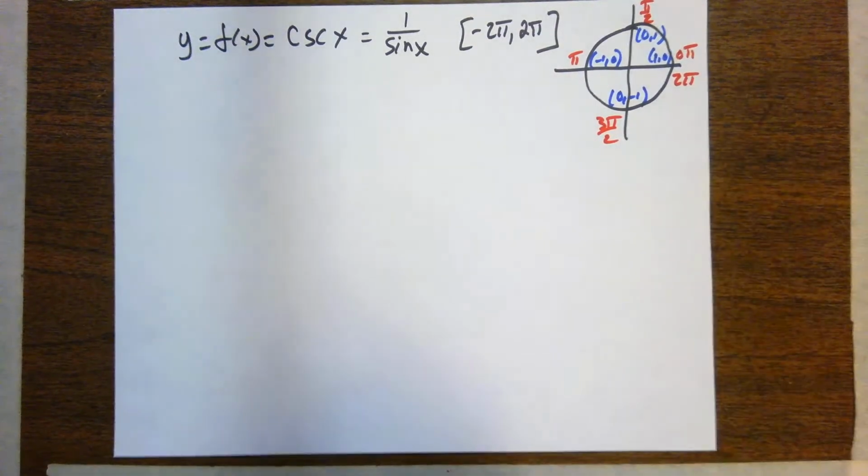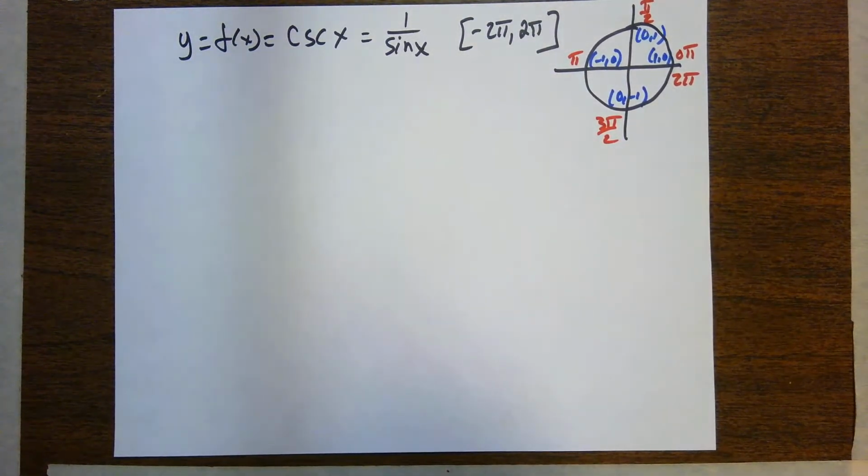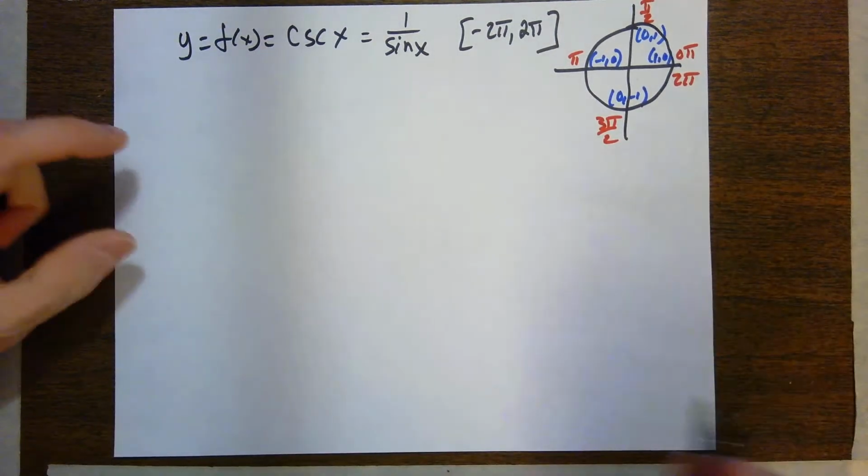In fact, I think this might be the last time I put that up there as a helper, but definitely something we'll refer to and talk about, and it helps us to think and organize the information.